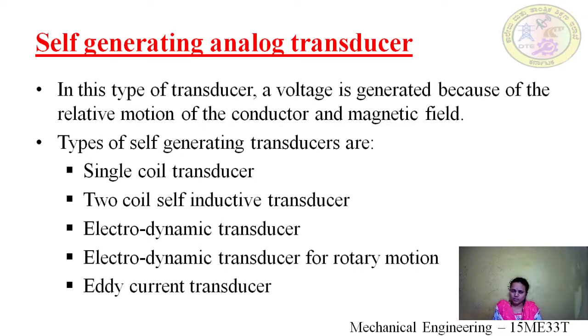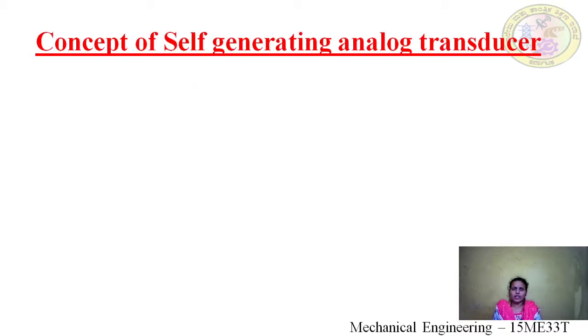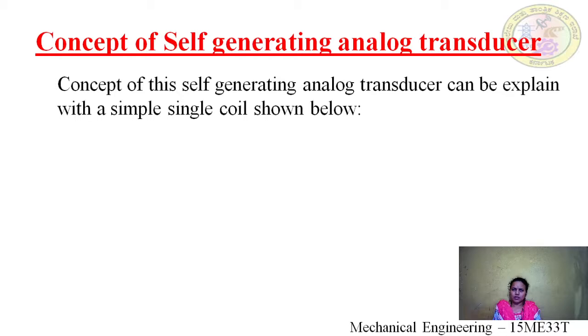In this transducer, the voltage generated as an output is because of the relative motion of the conductor and the magnetic field.